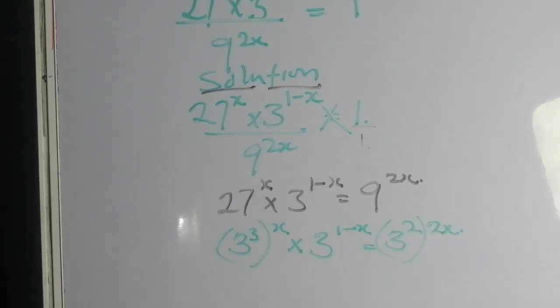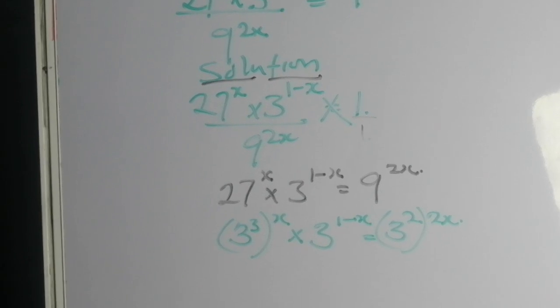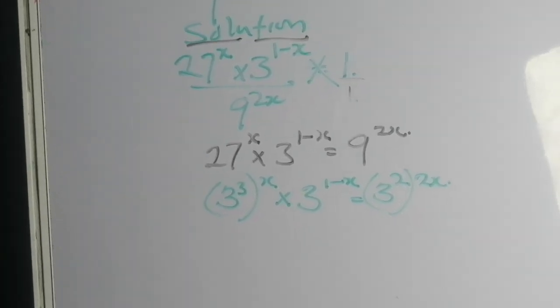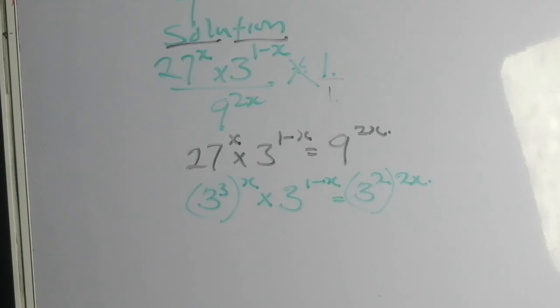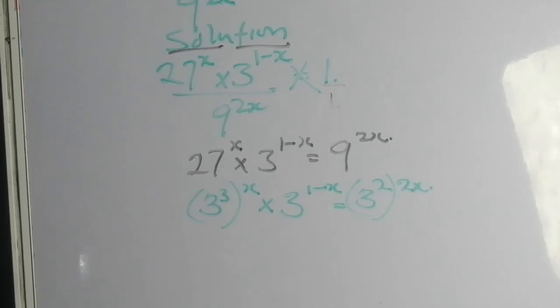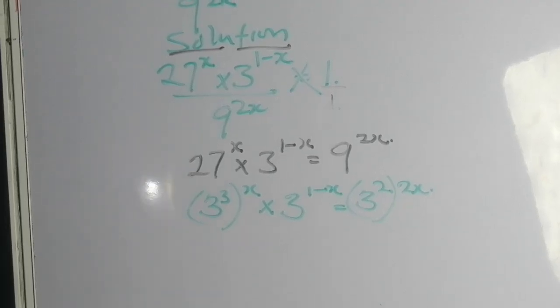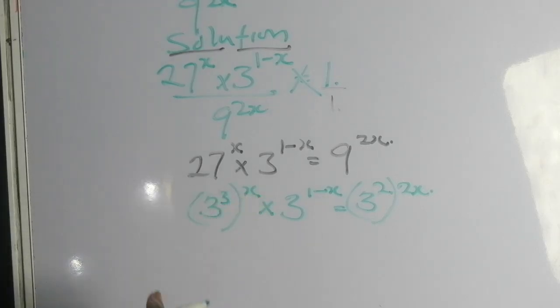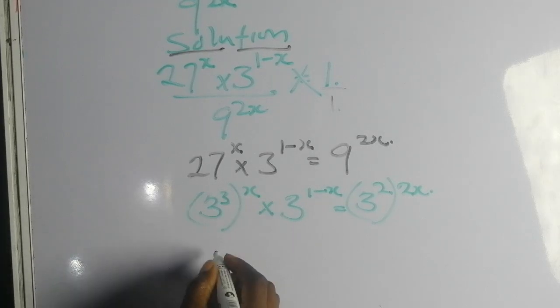Okay, that is 3 raised to power 3. That is 9. How many times can I multiply 3 to give me 9? So it means I can multiply 3 two times to give me 9. So if you look at this very well, it means that power and power multiply together, 3 times x.